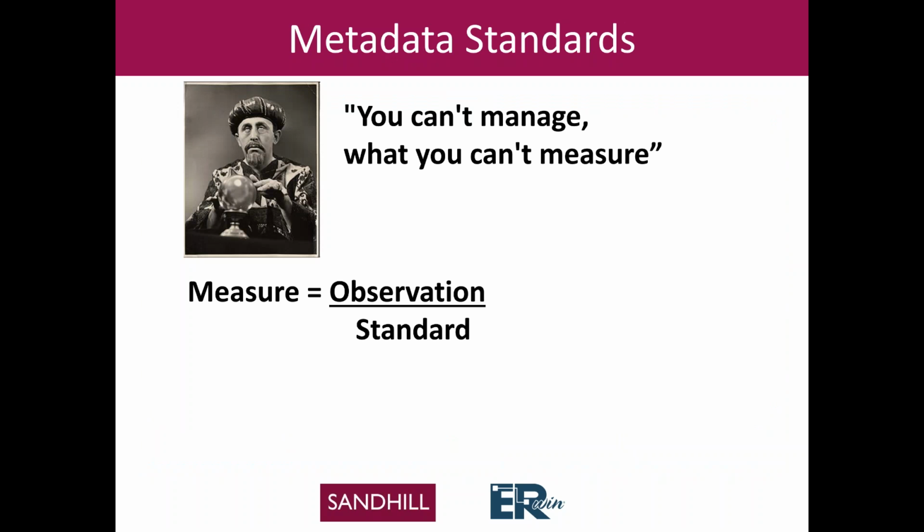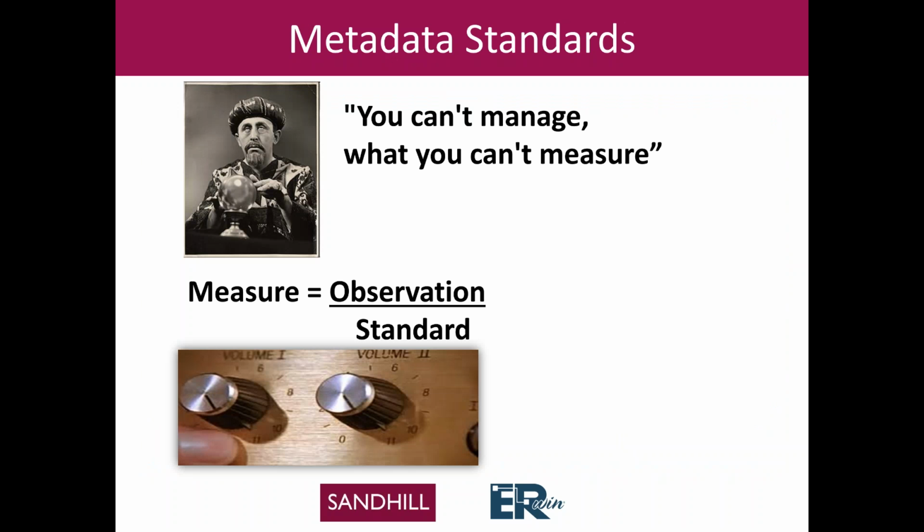The curious aspect of measurement, however, is the standard needs to be consistent. You remember our good friend Spinal Tap, they said, well, we were much louder because all of our amplifiers went to 11. Well, how can you judge how loud they are if it's based on a 7 or 8 out of 11 versus 7 or 8 out of 10 as every other amplifier was?